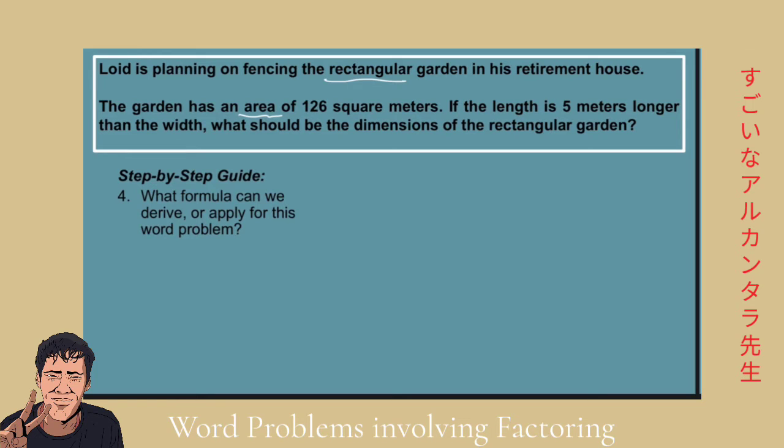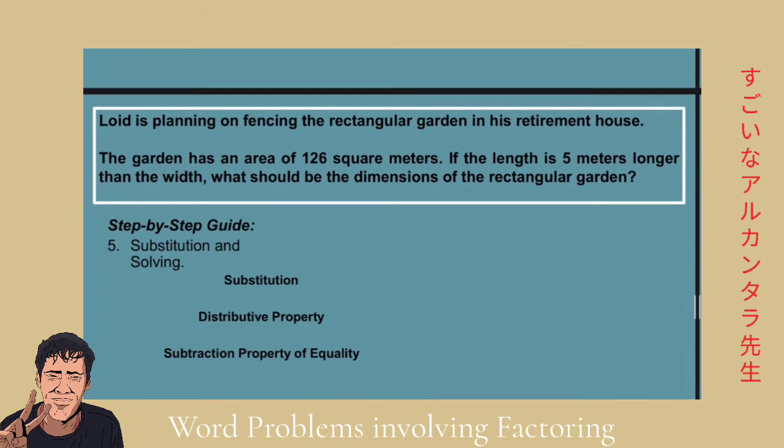So if it's the area of a rectangle, what formula do we use? Basically, the area of a rectangle is equal to length times width. So this alone will help us a lot in solving this word problem.